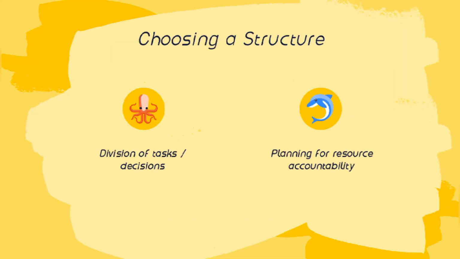Well, now we are going to talk about choosing a structure. The choice of a suitable decentralized structure requires two core decisions. First, how to divide tasks and what accountability system should be applied. An additional complication of dividing tasks or decisions in most large organizations is the geographic distribution of the units.